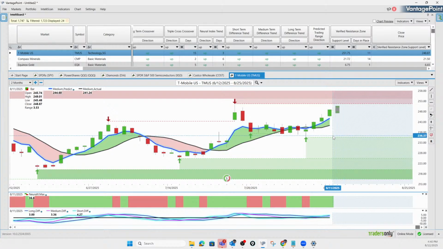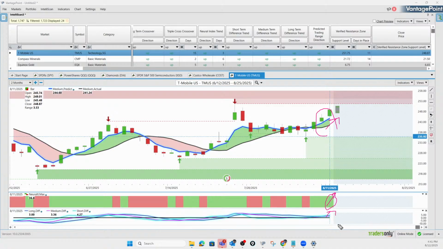For sure, right? And then couple in the power of being able to strategically make those trade decisions based on that top-down approach. Well, now you know where to start, and you have a guide to get you there, right? So again, T-Mobile here, let's double check coming from our IntelliScan, because you do want to look at the chart as well. Do we have a bullish crossover? We certainly do. Do we have a bullish neural index? We certainly do.